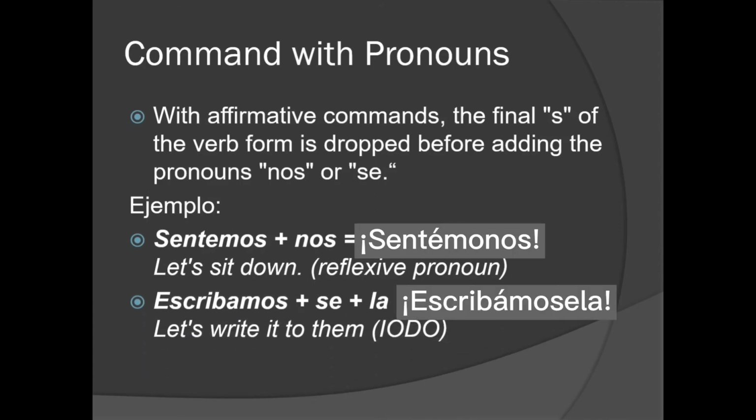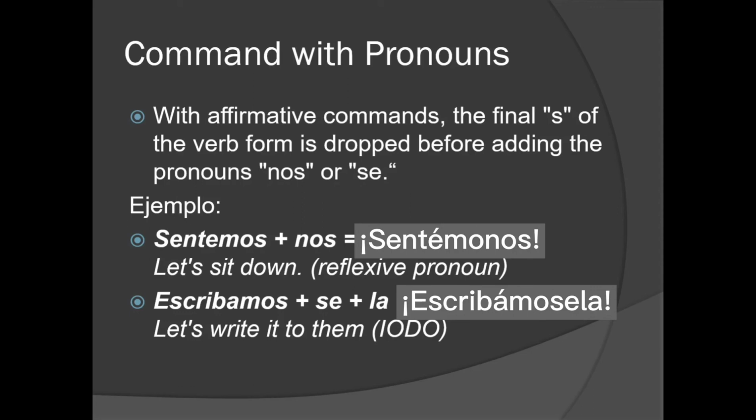Another example is with the use of indirect and direct object pronoun. So, for example, let's write it to them using the verb escribir. It will be conjugated as escribamos plus se and la, which is your indirect and direct object pronoun. So, if you don't have any idea with the direct or indirect object pronoun, you may watch the other video for you to be able to understand this better.